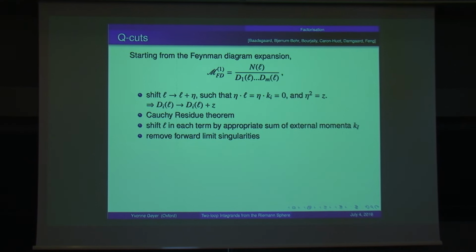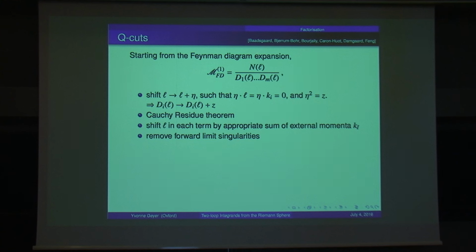The reason why these are actually the ones that you want is the following. This is completely separate. Now I want to start from, if you want to find a diagram-like expansion, a numerator that can depend on L, and some denominators that all depend on L. Everything that does not depend on L and might or might not sit in the denominators, I'm still putting in this numerator factor.